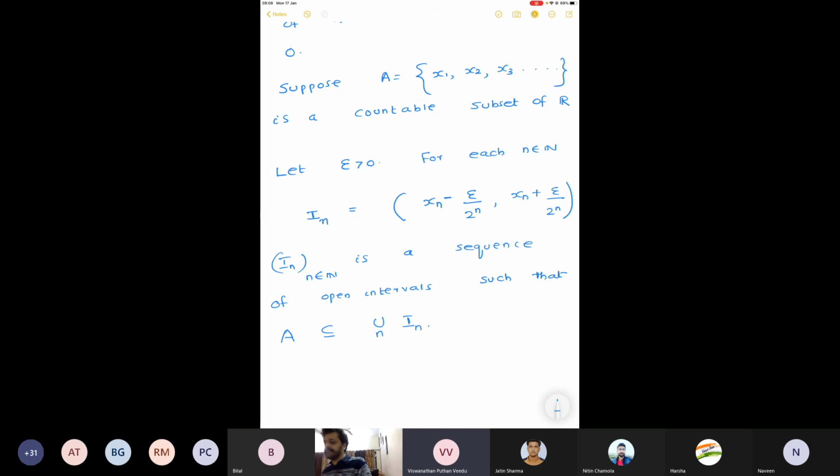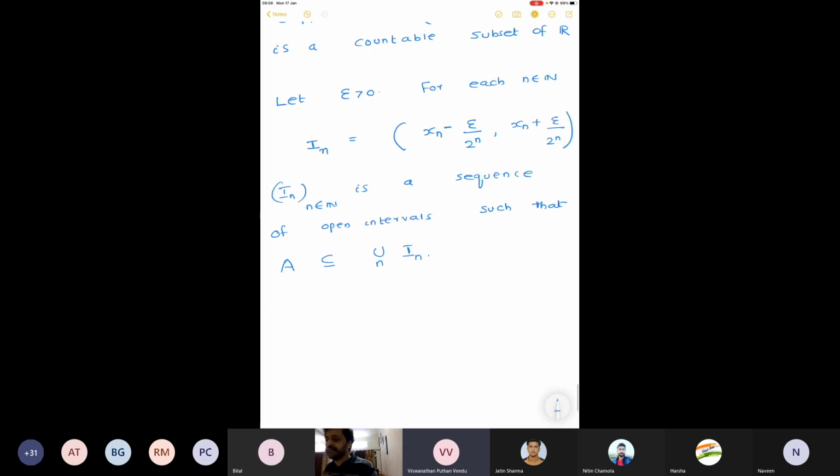Now for this cover, what is the summation of the length of In? Summation of length of In, n belonging to N, is equal to the summation of the lengths of these things. What is the length of this? 2 epsilon by 2 power n, right?